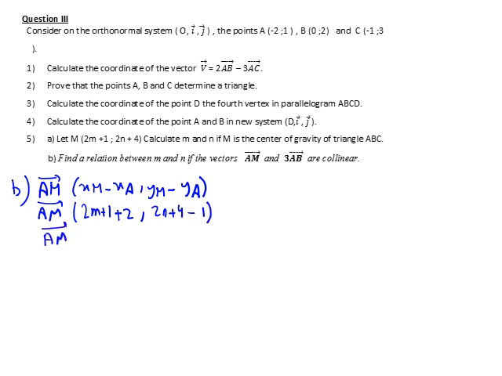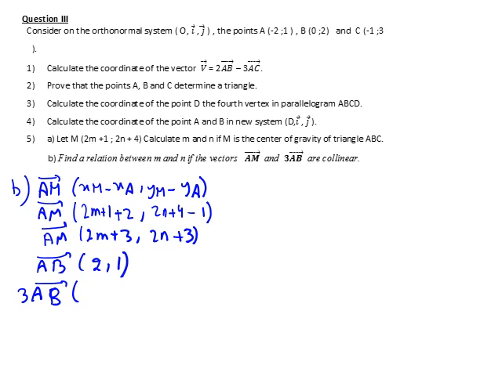AM is 2M plus 3, 2N plus 3. Now vector AB is 2 and 1. We calculate 3AB, which is 3 times 2, 6, and 3 times 1, 3.